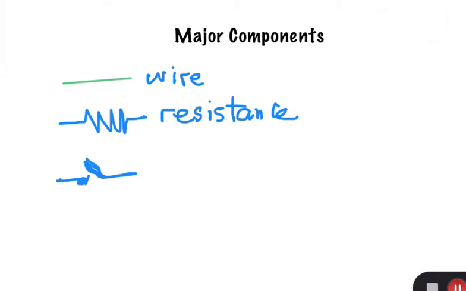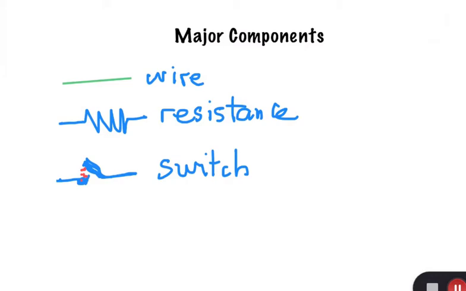So this is an open switch. And when we connect it, for example, when you connect those two, then it is on. If you remove the connections, then that would be off. Okay, so that's a switch.